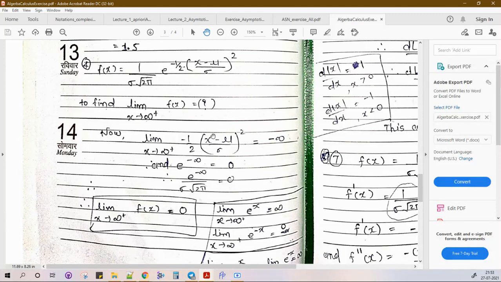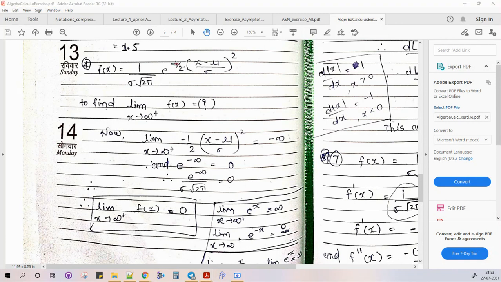Then I have division, so infinity divided by some sigma is also infinity. Now I have this negative term, so minus 1 by 2 into infinity tends to minus infinity. So this value is nothing but minus infinity, correct?